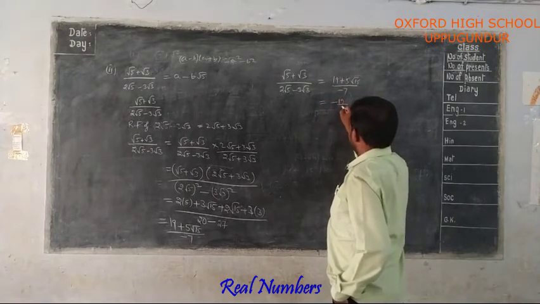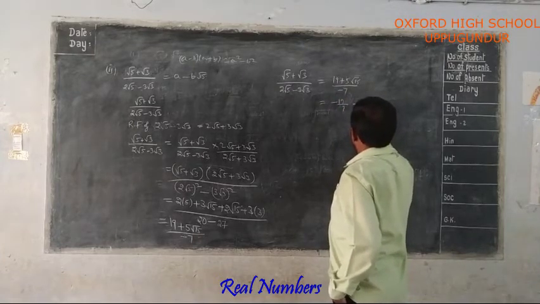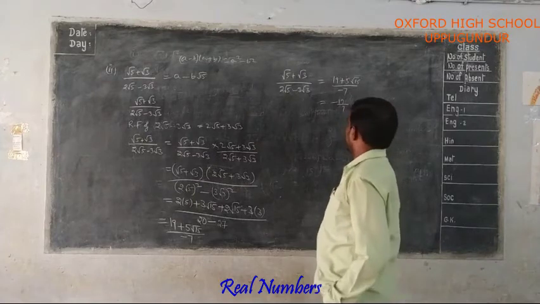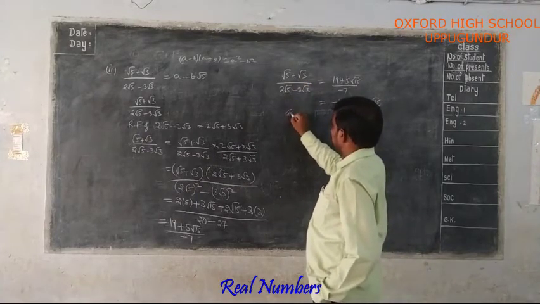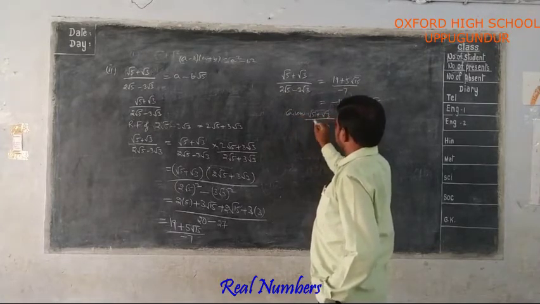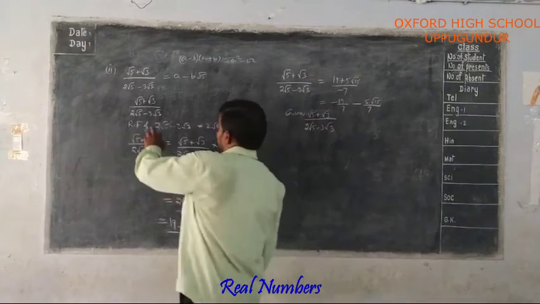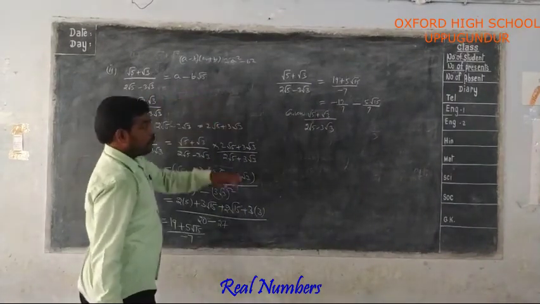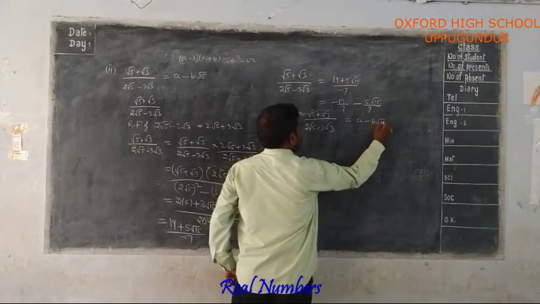Minus 19 by 7 minus 5 root 15 by 7. They gave this value, (root 5 plus root 3) by (2 root 5 minus 3 root 3), as a minus b root 15.